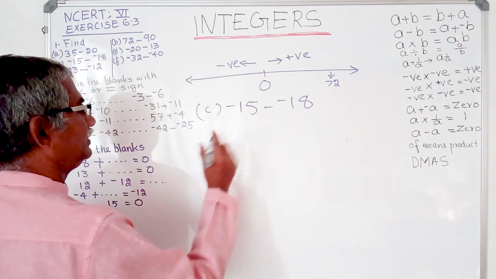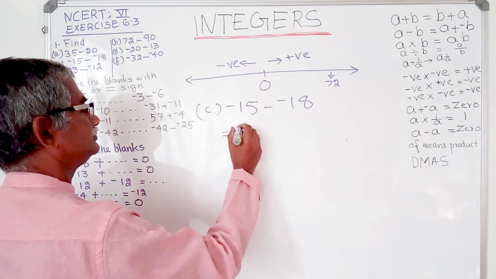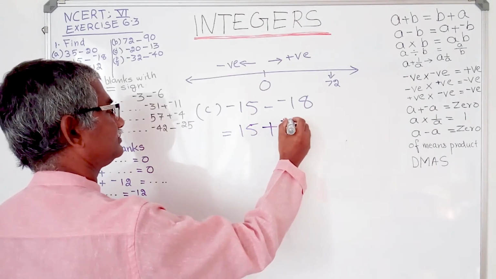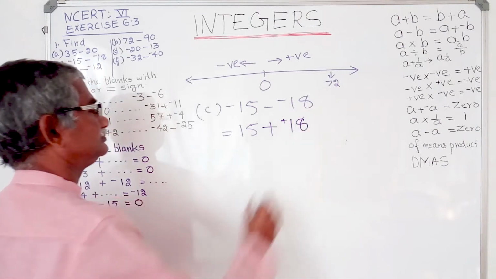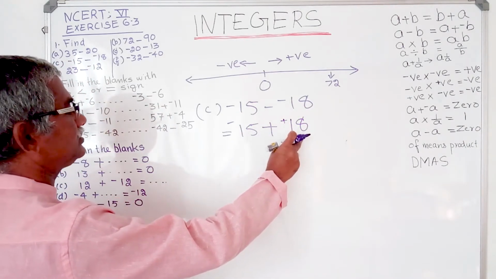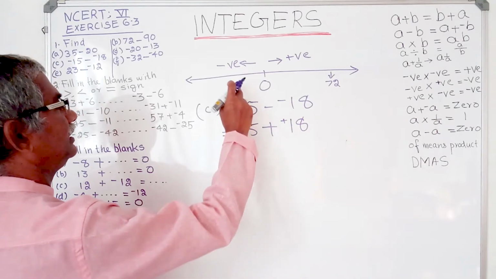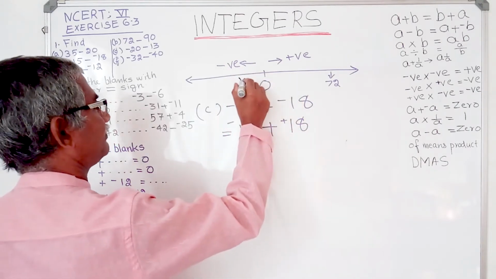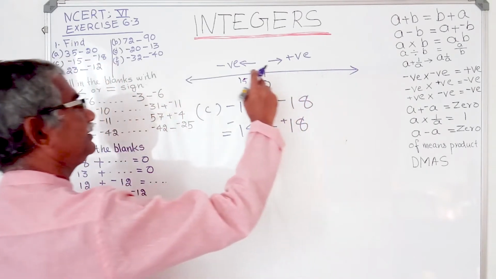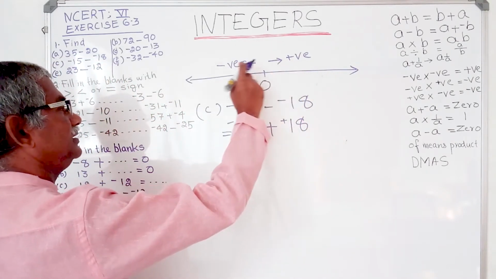So, taking the principle of additive inverse, we are adding positive 18 to negative 15. That negative 15 maybe is somewhere here. It is going 18 units front.